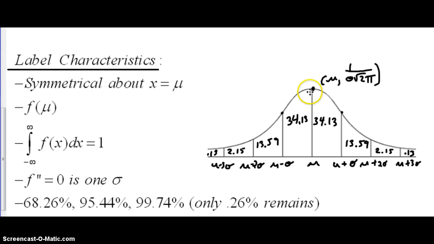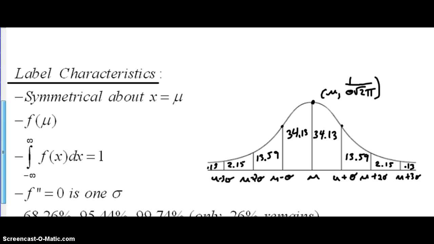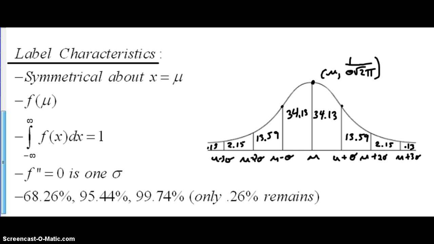If you think about any function we've been doing in IBSL2, when we take the first derivative, we would find the maximum if we set it equal to 0. So we can take the first derivative of this function, set it equal to 0, and when we do the math you'll find that it is equal to the mean.